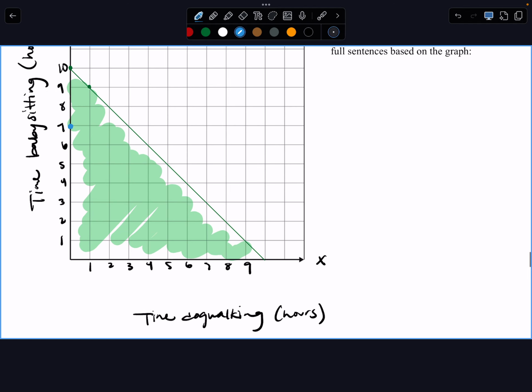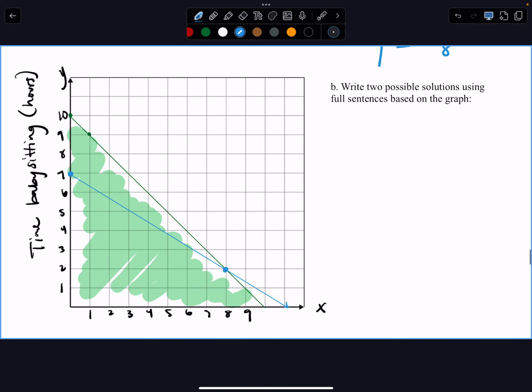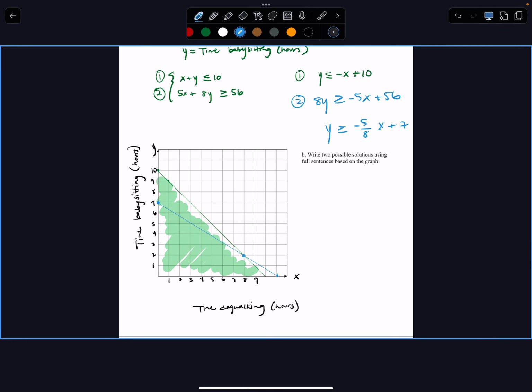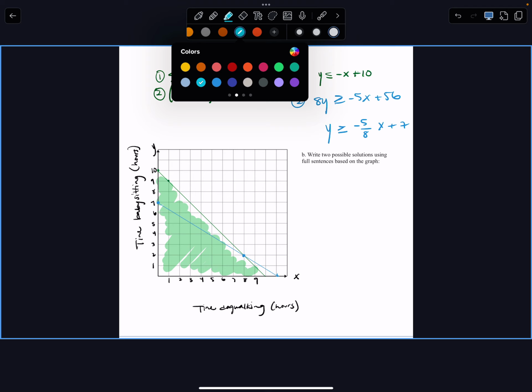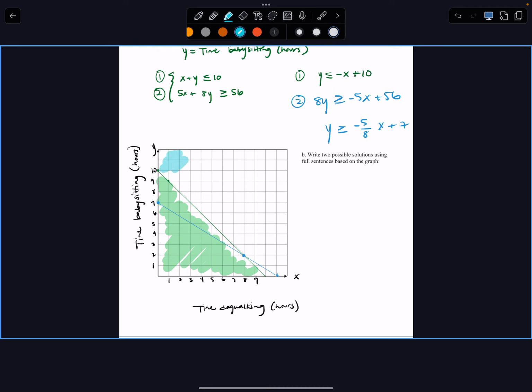Minus 5/8. So down 5, 1, 2, 3, 4, 5. To the right, 8. Okay. Well, that's not actually a point, but it's trending that way. So then we would be shading above. So you'd be shading above for the second inequality.